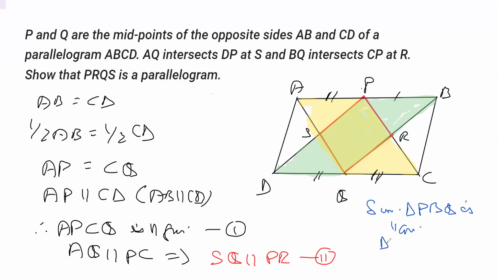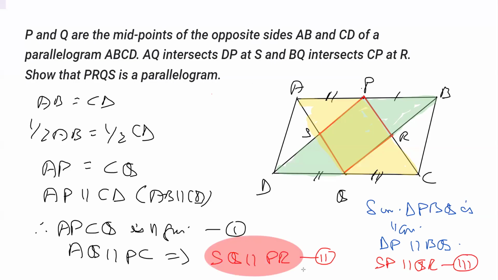That means DP is parallel to BQ. Now, if it is parallel, then their parts, that means only this part, will also be parallel. That means it is SP here, right? SP is parallel to QR. So if I mark it equation 3, now you check here.